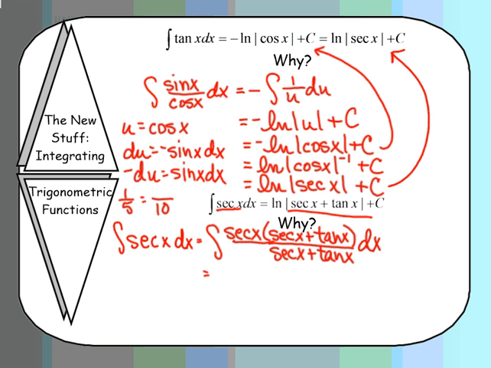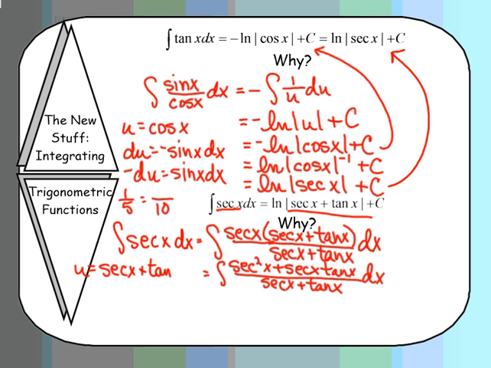All right, so now then, I've got the integral, and I'm going to distribute through on the top and get secant squared x plus secant x tangent x all over secant x plus tangent x. Under your side, do your u substitution. u equals secant x plus tangent x. And du, derivative of secant, is secant x tan x.